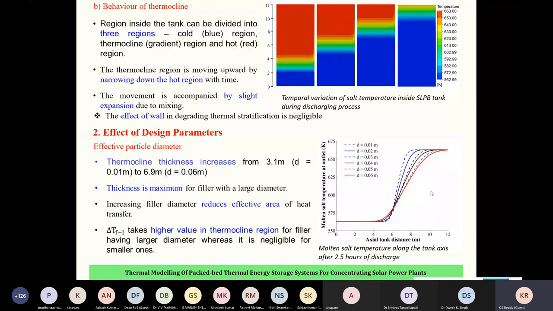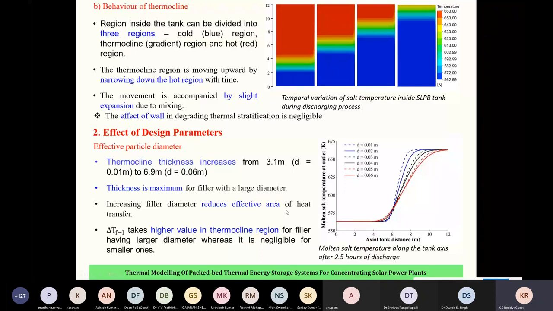Thickness and filler material sizes, all of those we have seen here and optimized. The size is varied from 10 mm to 1 centimeter and even 6 centimeters and so on.